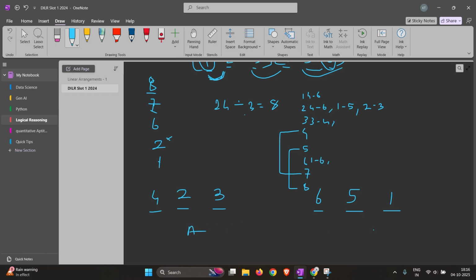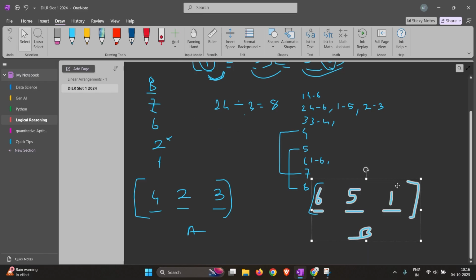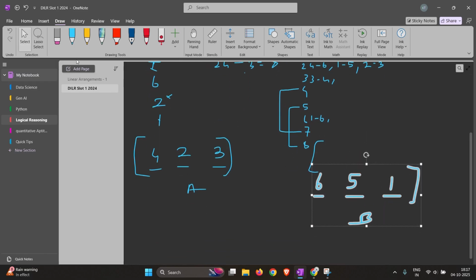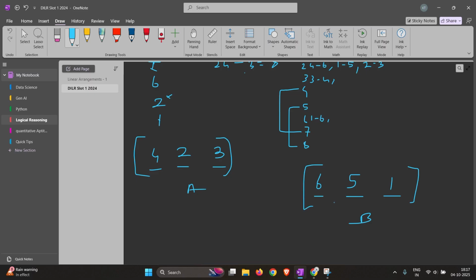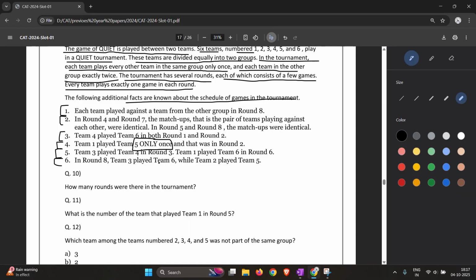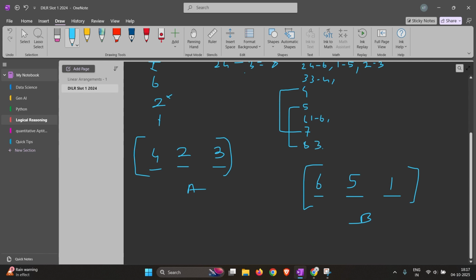So let's call this group A, and this group B. Let's also move this a little bit down just to make some space. In round 8, we know that 3 played 6 and 2 played 5.